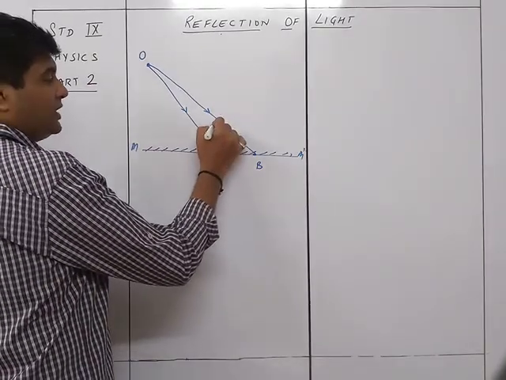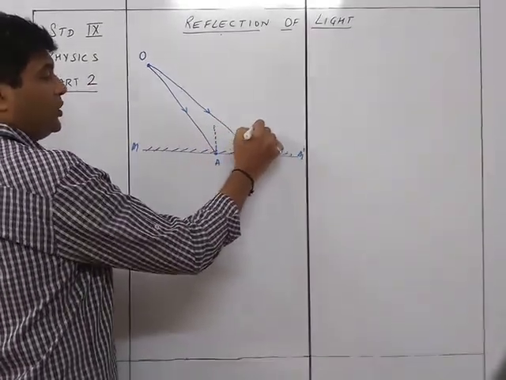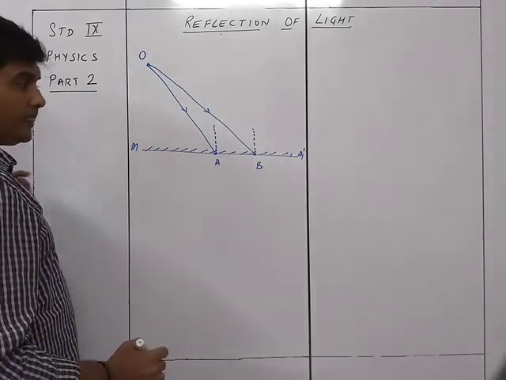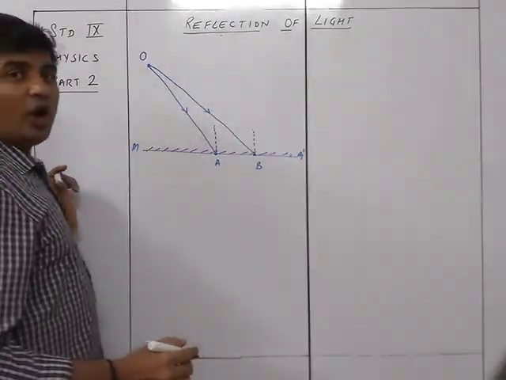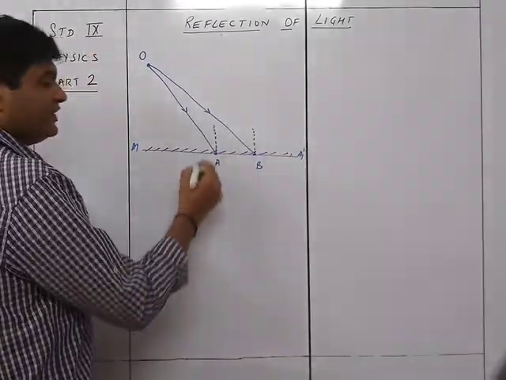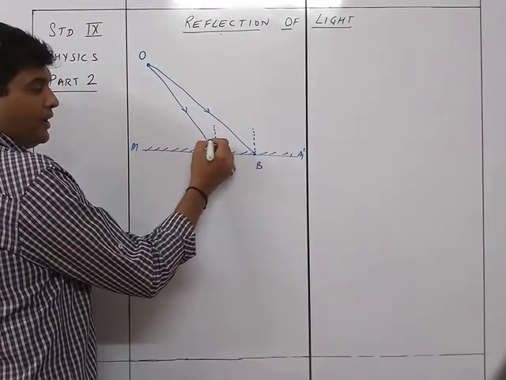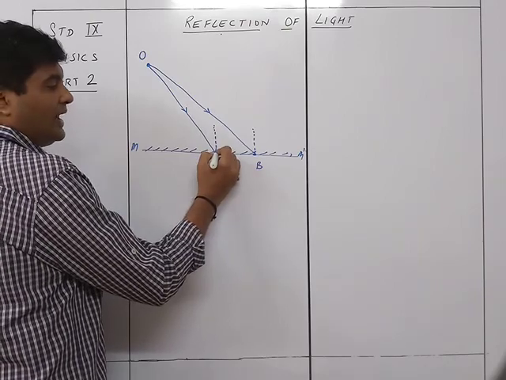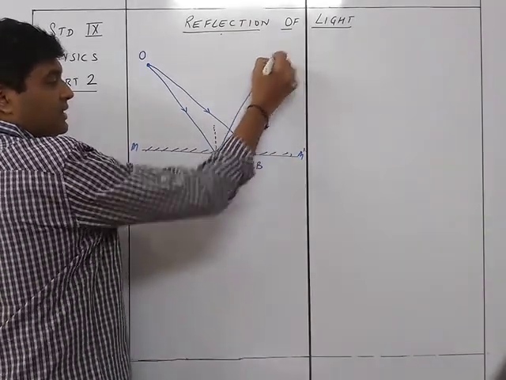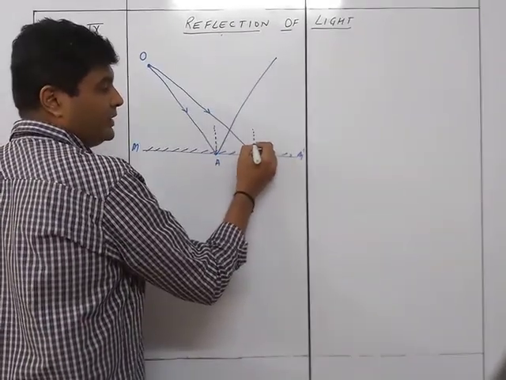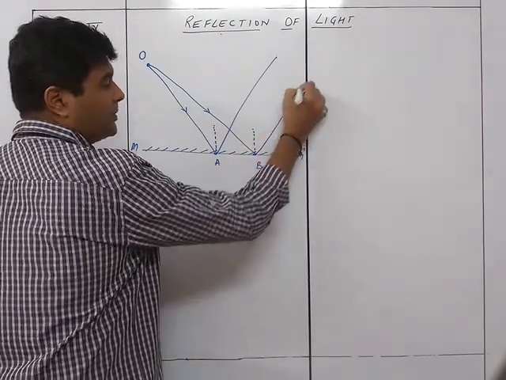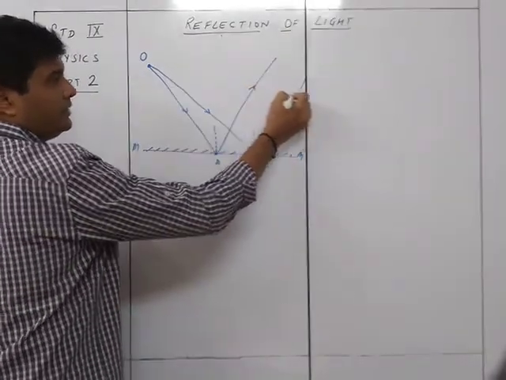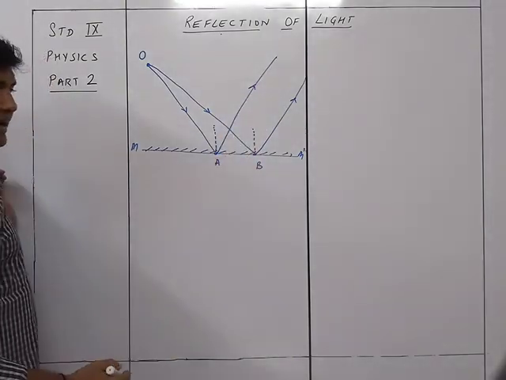Accordingly we can draw the normal over here and a normal over here. According to the law of reflection, whatever this angle is over here, we draw another equal angle over here and draw a line something like this. Similarly, whatever the angle is over here, we draw another line something like this. So these will be the reflected rays.